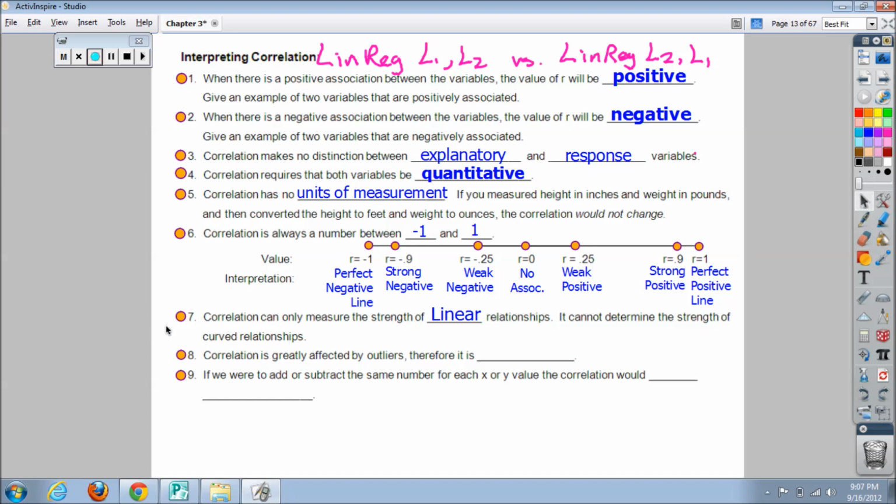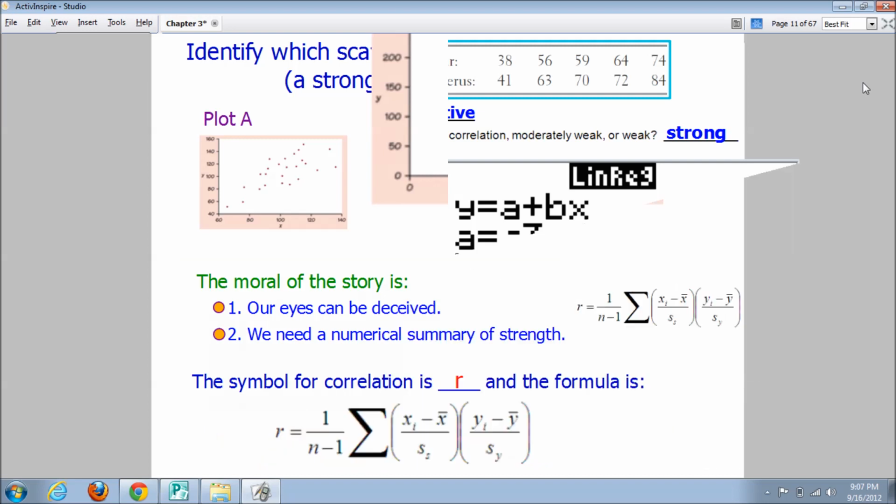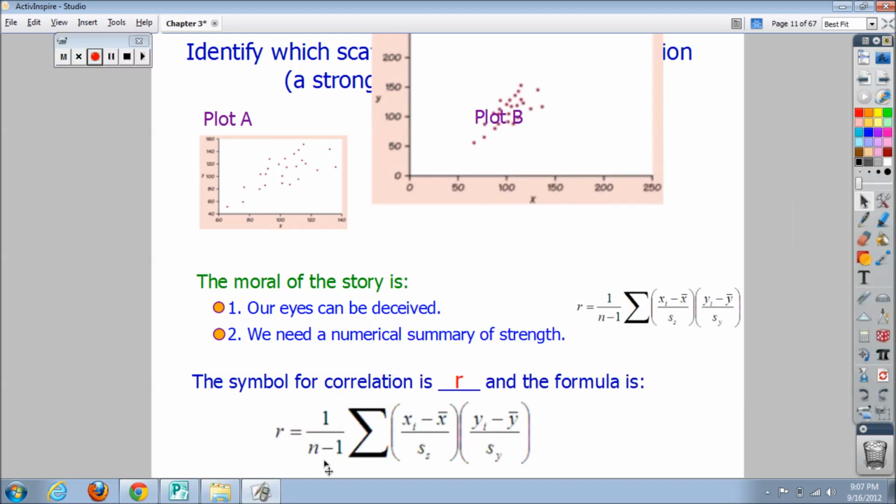Correlation is greatly affected by outliers, therefore it is non-resistant, like the mean. If you remember, if I jump back to the actual formula, you can see the mean is a part of the formula for correlation. So if the mean is not resistant, then correlation is not resistant.